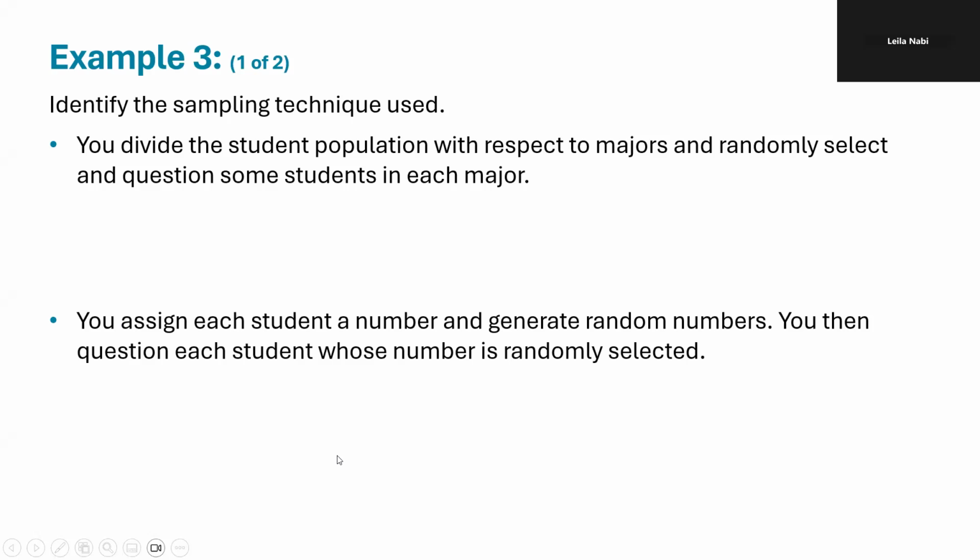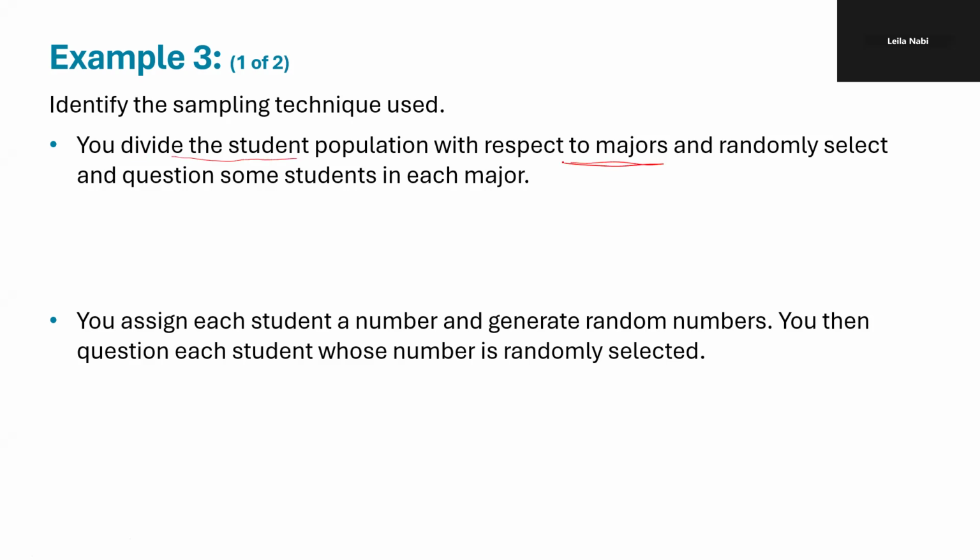So let's look at an example. We want to see what sampling techniques we need to use for each of them. It says you divide the students' population with respect to majors and randomly select and question some students in each major. Okay, divide this population based on their majors.